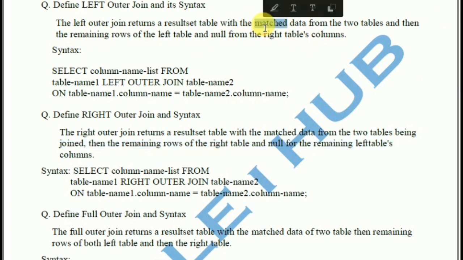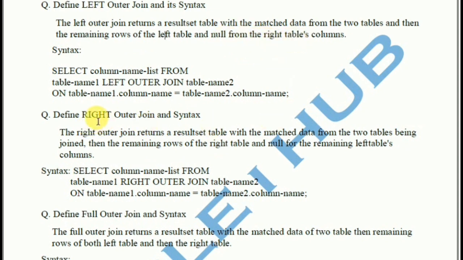See, in left outer join, first it will calculate the matched data, then the remaining rows of the left table and null values from the right table. In right outer join, first the matched data is the same as in left outer join, and then the remaining rows of the right table, right? Here last are null values from the right table.